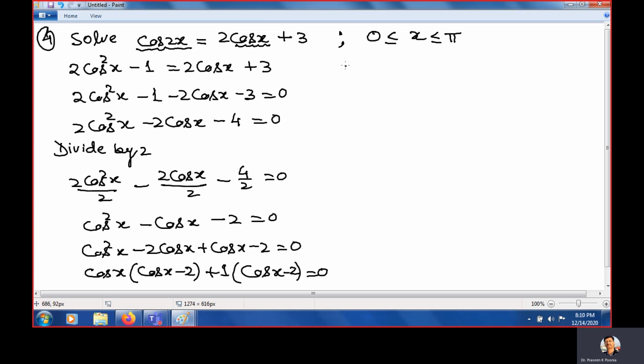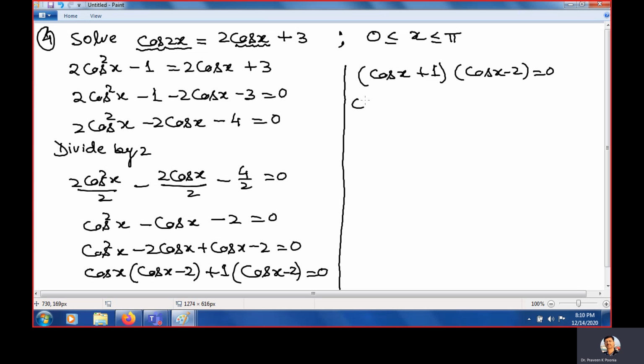Now two factors we are getting. The first factor is cos x plus 1 and the other factor is cos x minus 2, equal to 0.